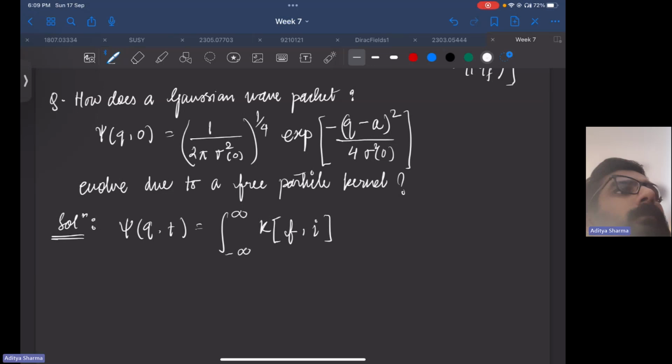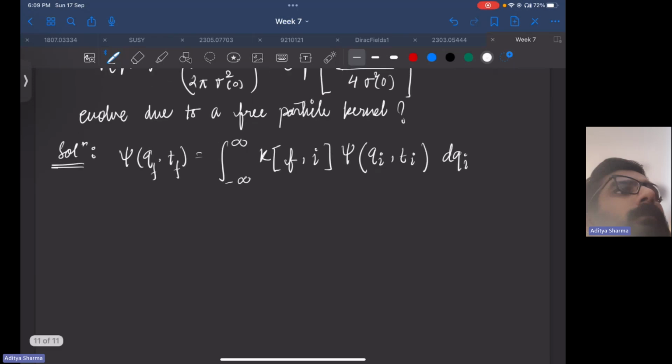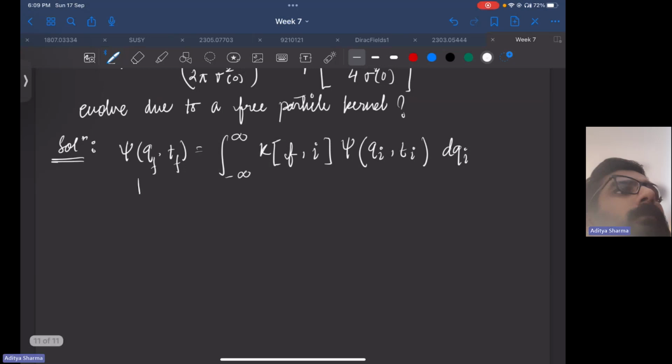This is general for any kernel, which means to denote the final, we integrate over all initial points. This is general.